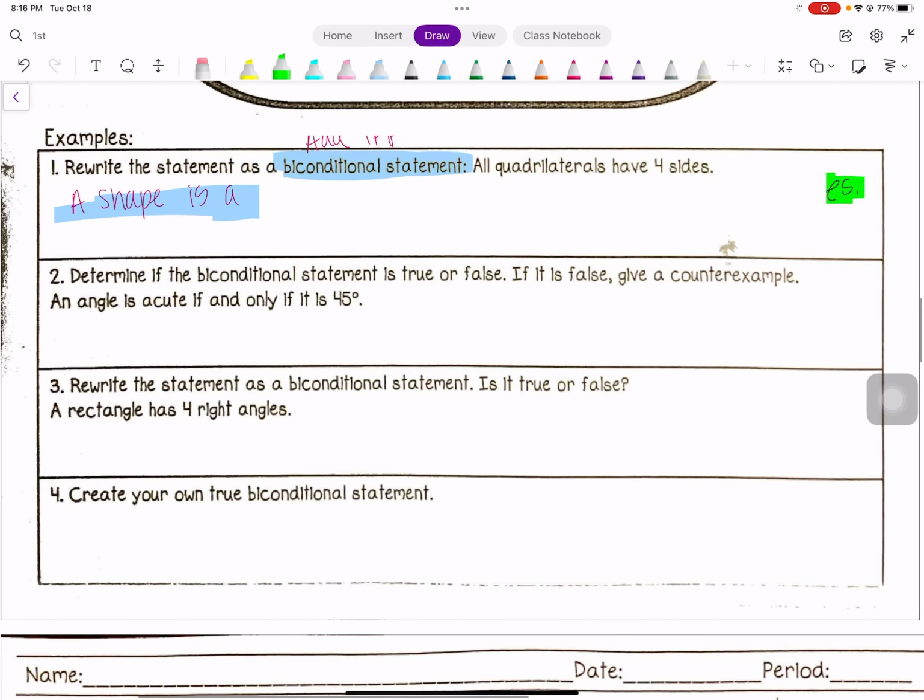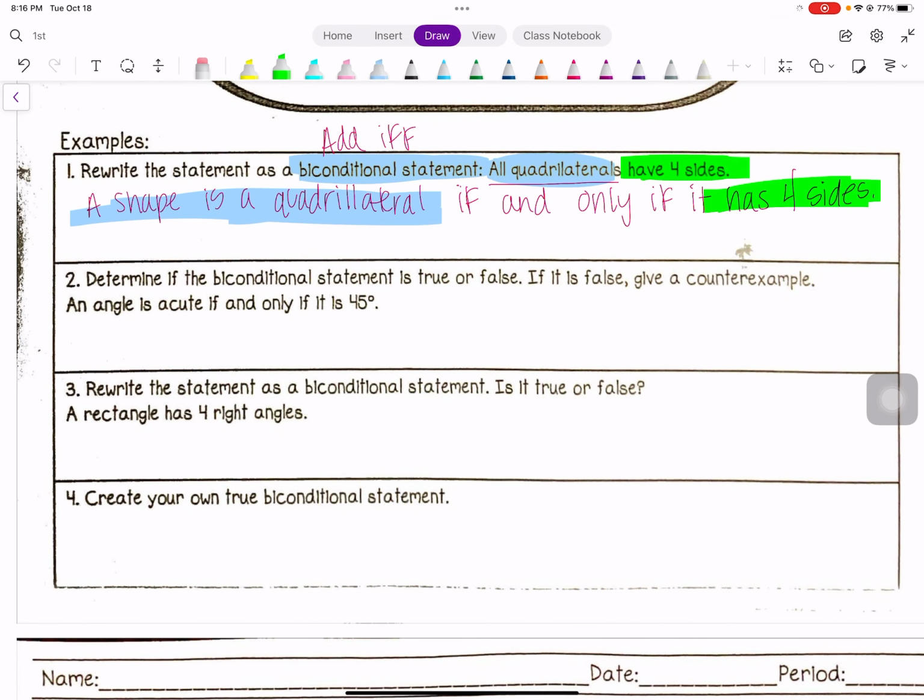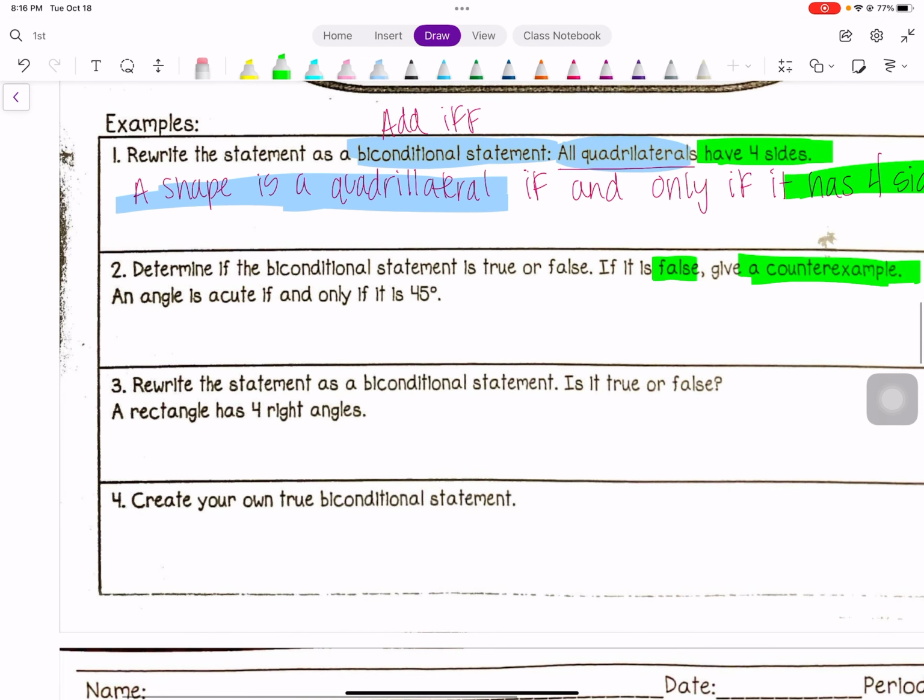Okay, so we're going to determine if the biconditional statement is true or false. If it's false, you have to give it a counterexample. So you have to tell me how you know it's false or why you know it's false. This one says an angle is acute if and only if it is 45 degrees. That is saying that 45 degrees, so this angle here, is the only acute angle that you can have.